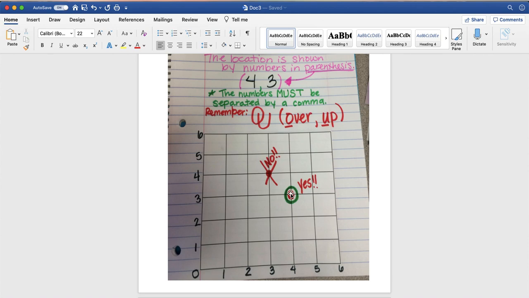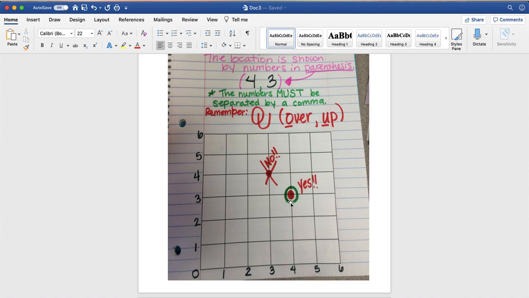Now, it's very important that we do not mix these two numbers up, because we would get the wrong point. And this shows you that. So if I only ran 3 spots, 1, 2, 3, and then jumped 4 spots, 1, 2, 3, 4, my point would be right over here, and that's incorrect.